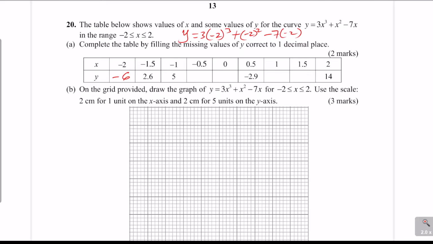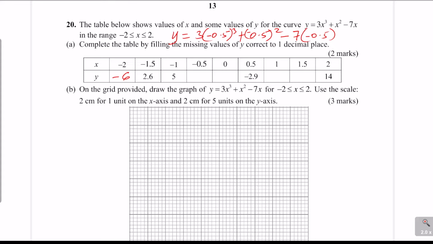Then the next one is -0.5. So y is equal to 3 times -0.5 cubed, plus -0.5 squared, and then minus 7 times -0.5.